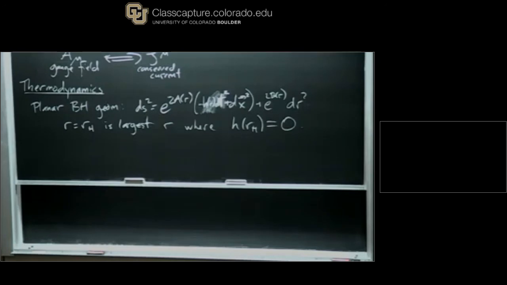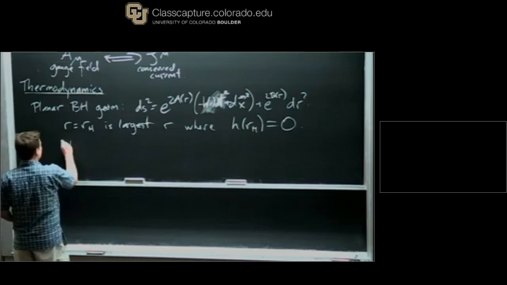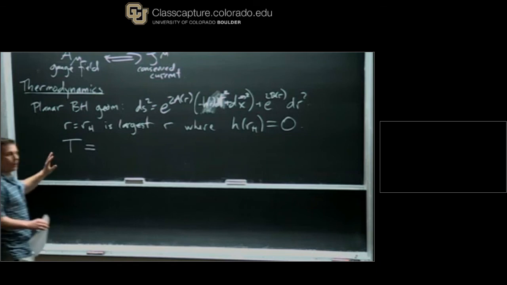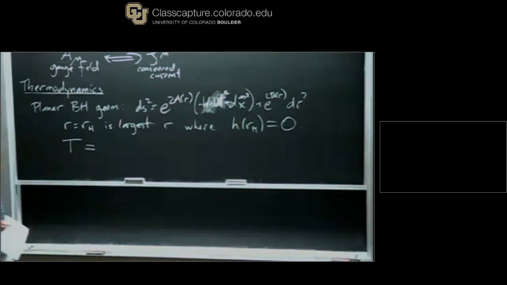From that, you can calculate what the temperature is of the associated black hole. And Johanna went through this calculation. There are many ways you can do it. Maybe the most fundamental way is to actually go through and calculate how the Hawking radiation works by doing some Bogoliubov transformation. In practice, nobody does that.